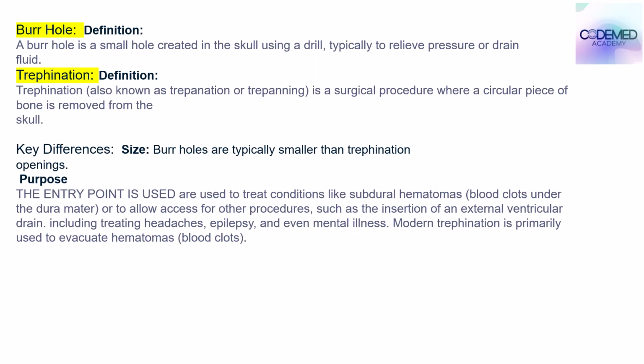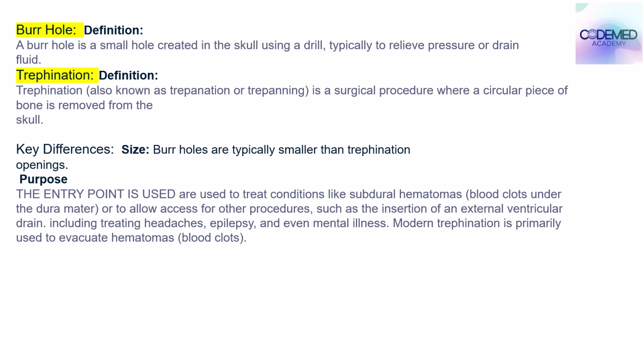Now, the next important topic is a burr hole. I would always recommend having some knowledge about that surgery so that you can visualize better and answer better. Now, what is a burr hole? A burr hole is a small hole created in the skull using a drill, typically to relieve pressure or drain fluid.